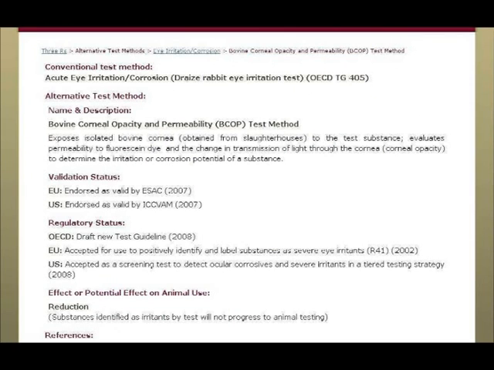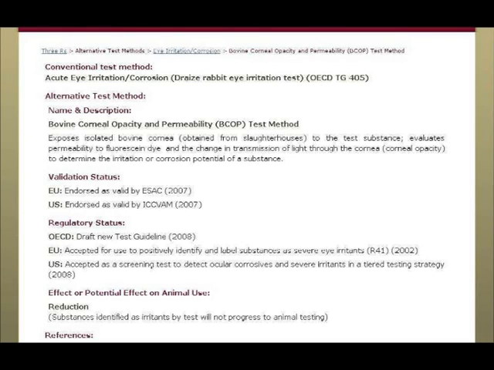Quickly looking at some of the descriptions of the test, this one is the first one that we mentioned, the bovine corneal opacity and permeability test method. It reads, exposes isolated bovine cornea obtained from slaughterhouses to the test substance.